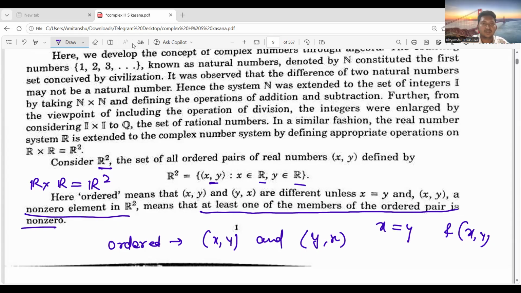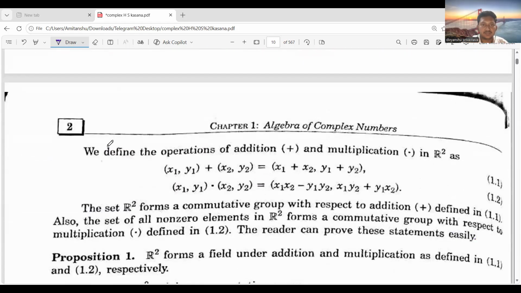Okay. Now come to the next part, which is defining the operations of addition and multiplication in R square.